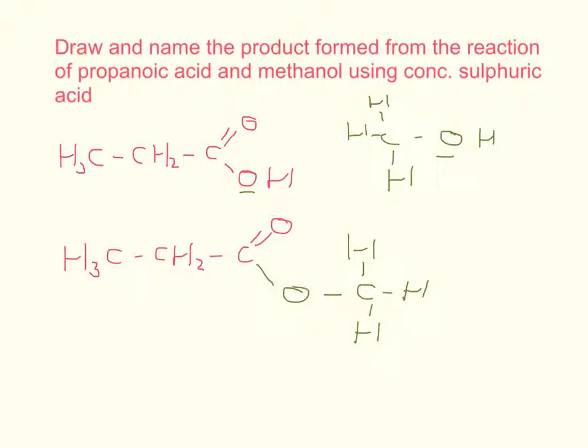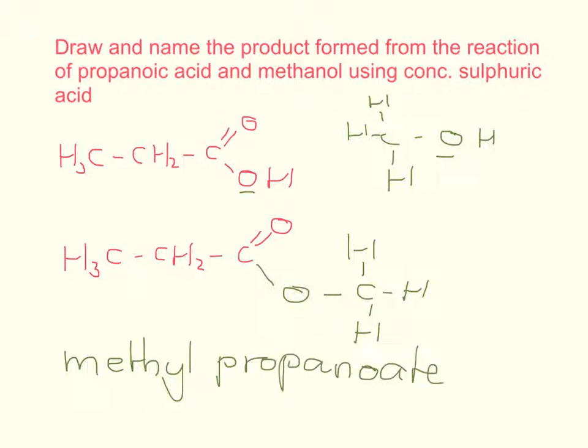So that is our ester, and to name him, we start off with the alcohol. He is going to become methyl. And then the second part comes from the acid, propanoate, like so. Okay, great.